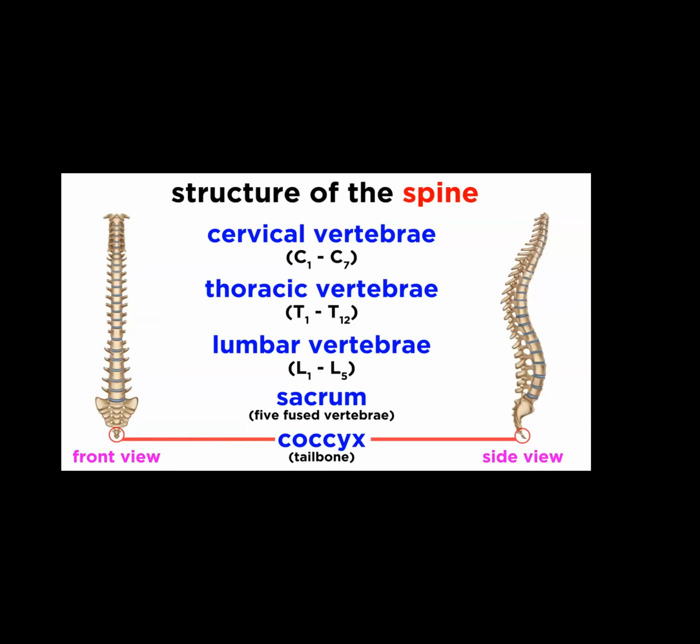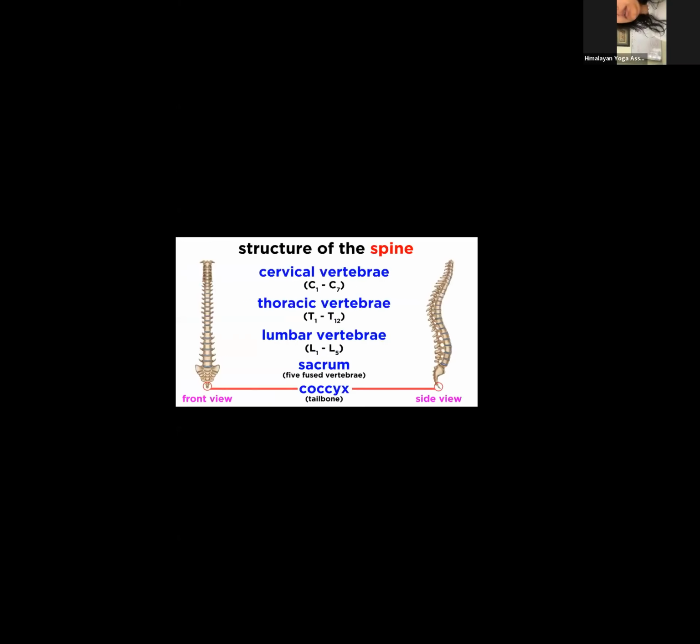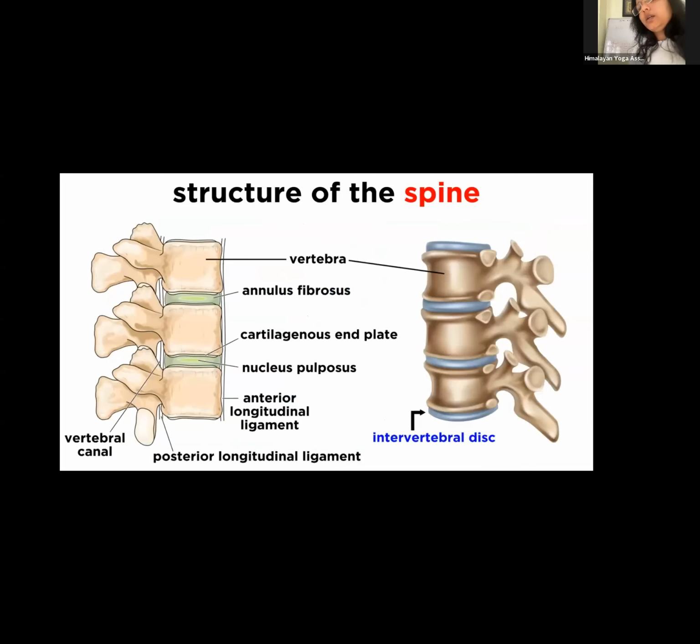Okay, I'll share a picture which shows the structure of the vertebral column. You see, they have shown three vertebrae, 1, 2, and 3. In between them there is cushioning. See, the bones are very brittle and hard.